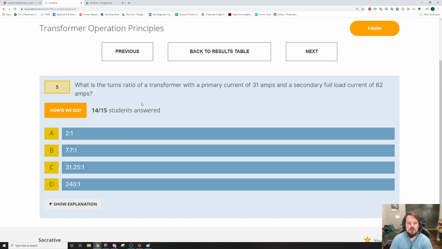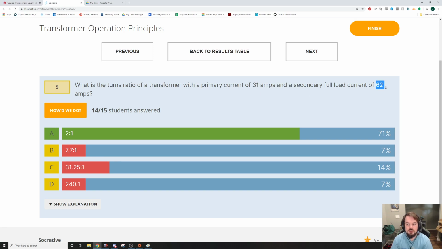What is the turns ratio of a transformer with a primary current of 31 amps and a secondary full load current of 62 amps? 2 to 1. Yeah. So, the way ratios work is you set one side.